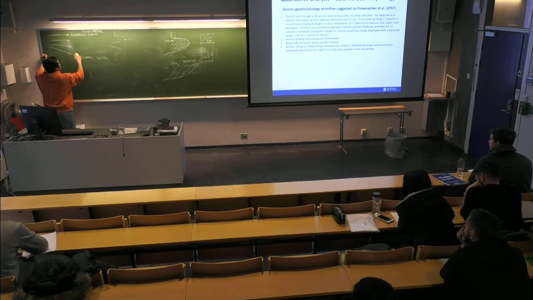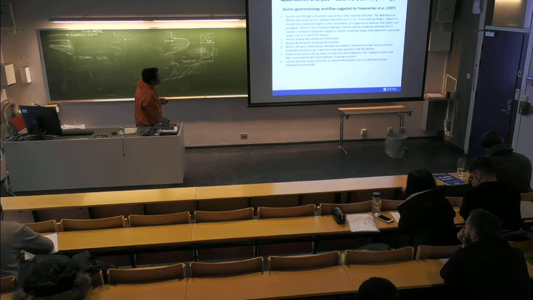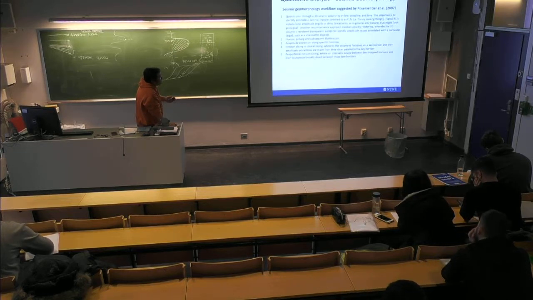What I do in stratal slicing is take proportional slices like this from H2 to H1. That's what we call stratal slicing, or proportional horizon slicing, which is the same.